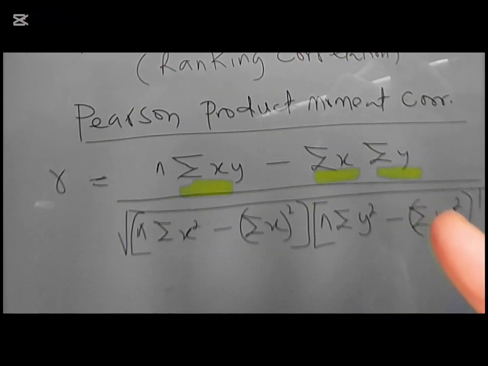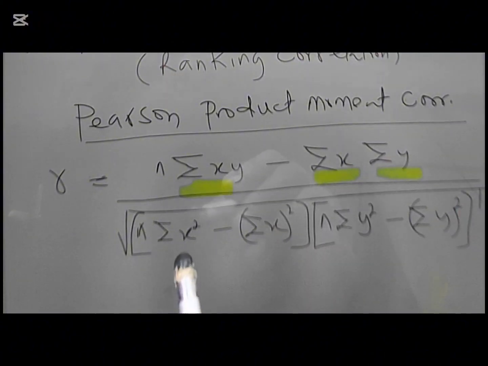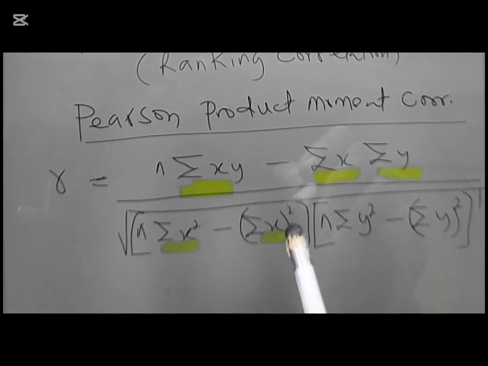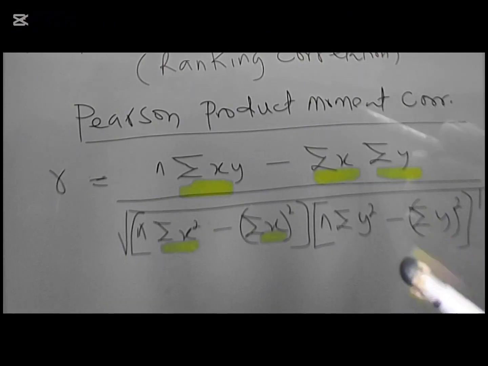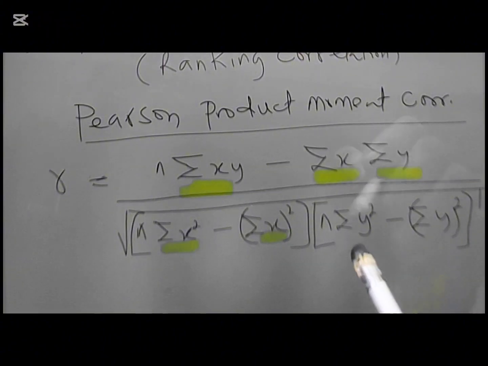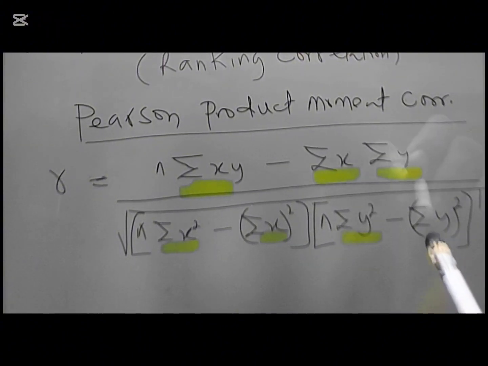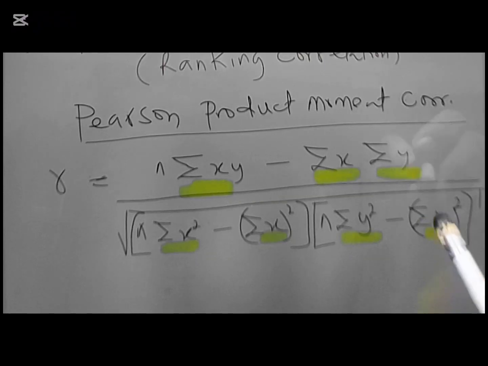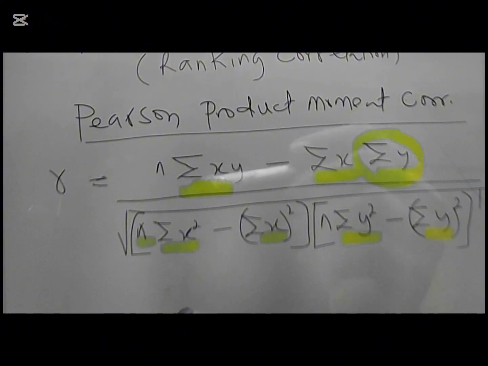So you have to generate x squared, and when you total x squared, it will give you this guy here. This guy here is just the square of the sum of this guy here. Please take note. You have to generate y squared if it's not given to you in the table, and when you sum it, you have this part. So this is the sum of y all squared. We already have the sum of y here. You square it. So this n here is the frequency of x and y.